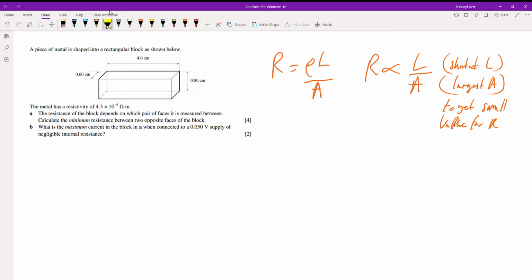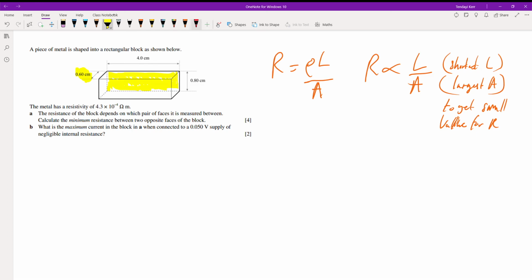We see that would be the smallest length, and the largest area would be this one here. So the electrons travelling through a small distance and a large area, that will reduce the resistance.